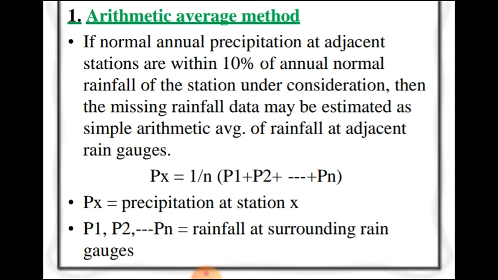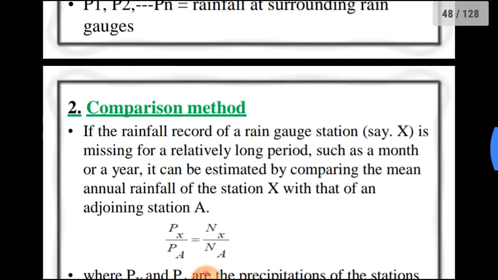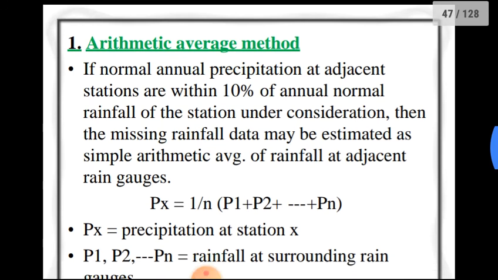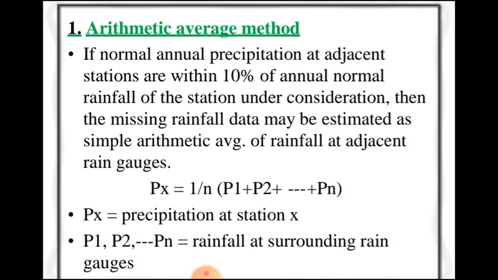The formula we use in this case takes care of variation in the normal rainfall at the other stations also. It's a similar formula, but now instead of estimating rainfall, we estimate the ratio of rainfall to normal rainfall. That way we can estimate the missing value.